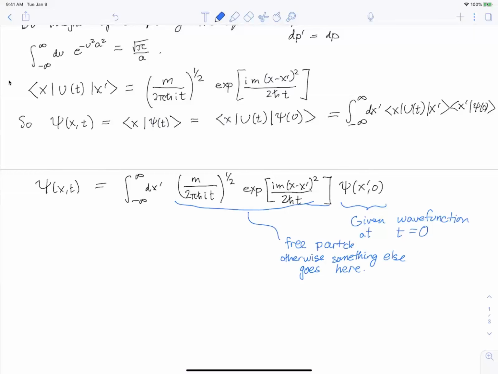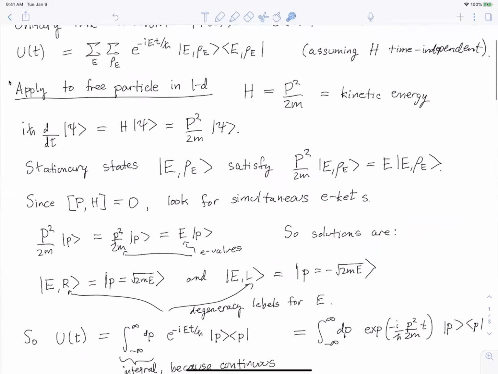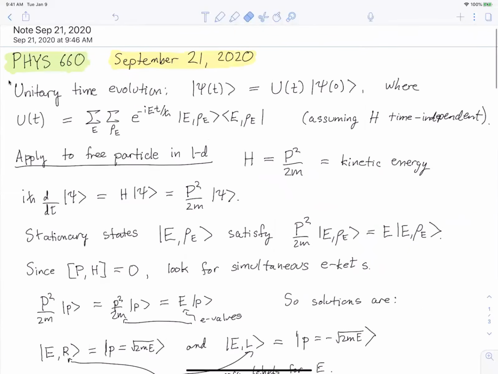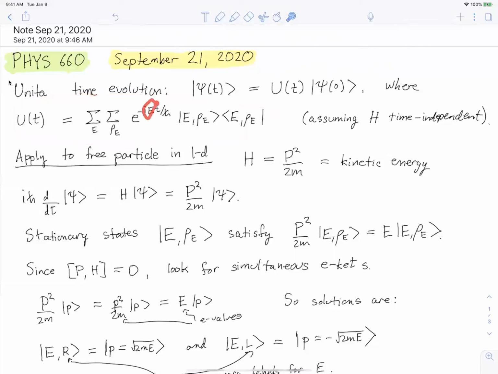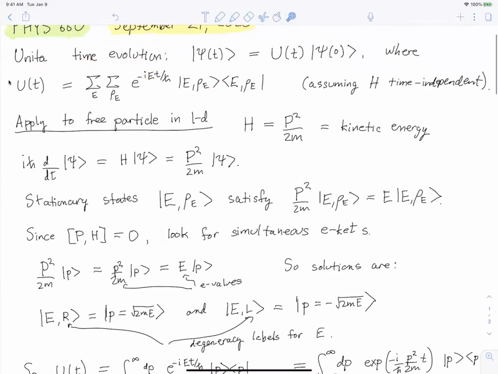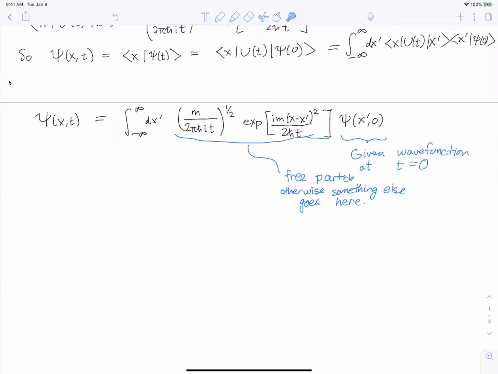And you would get that by going back to what we did here. You'd always be evaluating this thing, but for different values of the energy and different stationary states, depending on what the problem was. Okay, so this answer that we got is very specific to the free particle.